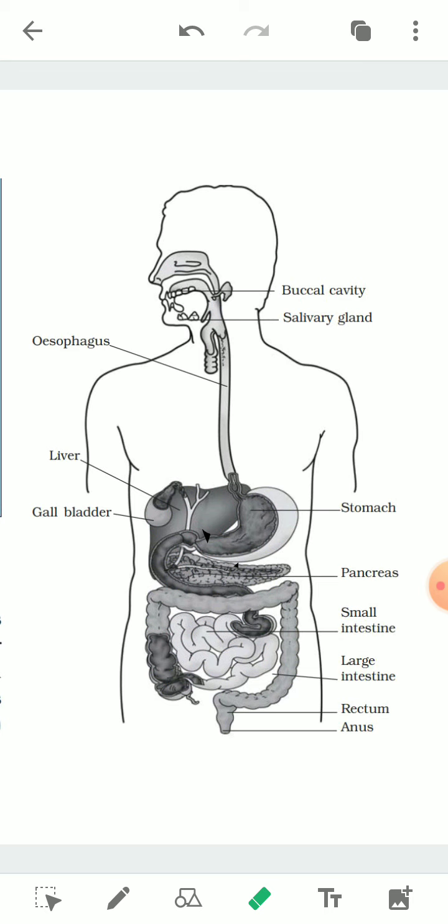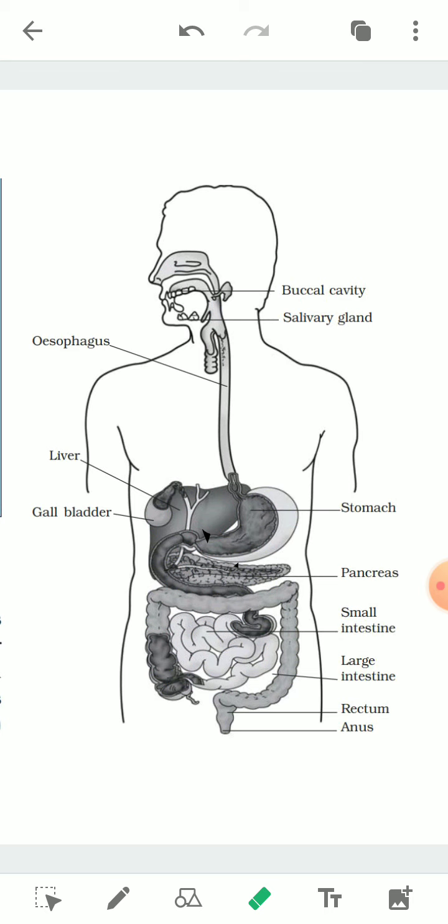So next, after pushing the food downwards, the food reaches the stomach. The stomach is a thick-walled bag. It's a bag-like structure which the food reaches after passing through the alimentary canal.